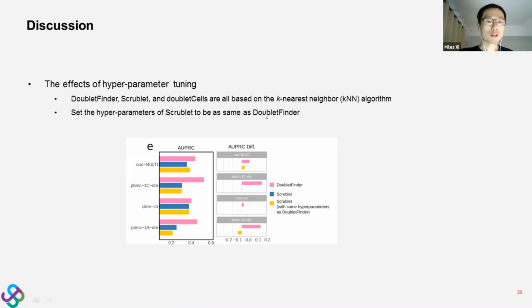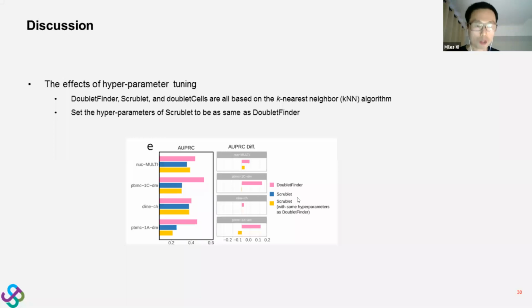We actually found these three methods are very similar. They are all KNN-based methods, but their performance is very, very different. Doublet finder almost consistently outperforms the other two. So we suspect that maybe that's due to the hyperparameter tuning, right? The different number of doublets you simulate and the different distance you set up to calculate the proportion of doublets.